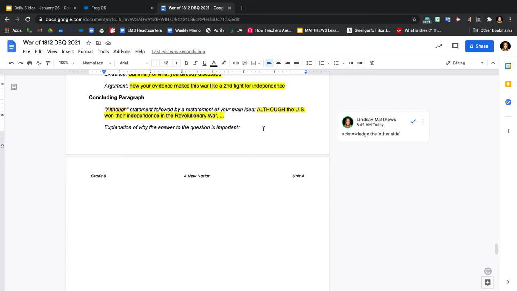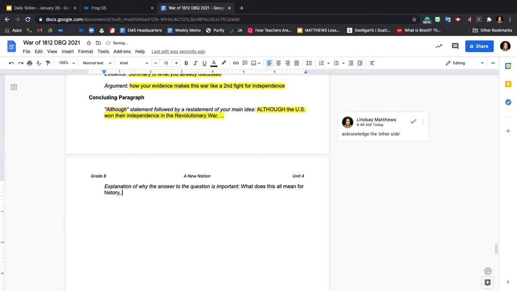So they had the Revolutionary War. They had just declared their independence, but they had never had to defend it until now. So you're going to kind of use that thought to argue why this matters. Why is it important? What does it mean for history? So what does this all mean for history? And that's going to wrap up your essay.